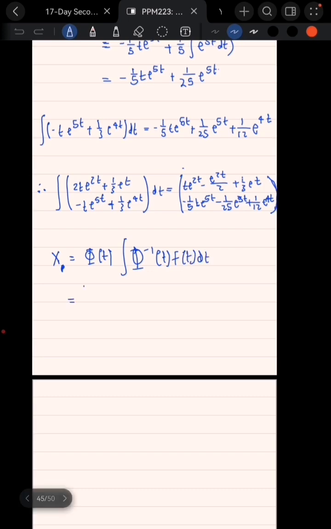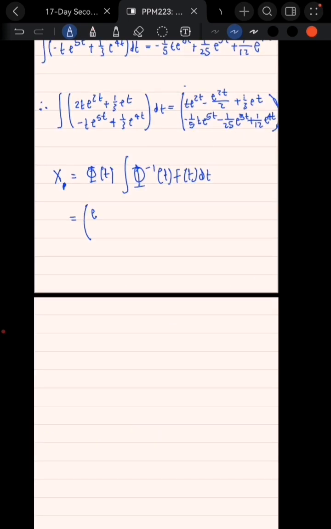This is equal to the fundamental matrix, e to the power minus 2t, e to the power minus 2t, minus e to the power minus 5t, 2e to the power minus 5t, multiplied by te to the power 2t minus 1 over 2 e to the power 2t plus 1 over 3 e to the power t, minus 1 over 5 te to the power 5t minus 1 over 25 e to the power 5t plus 1 over 12 e to the power 4t.